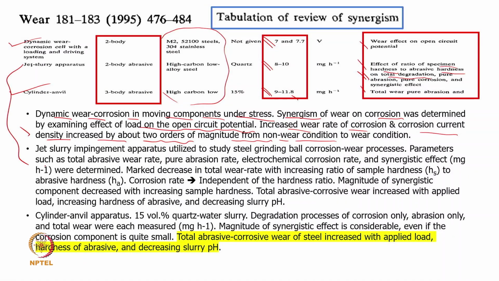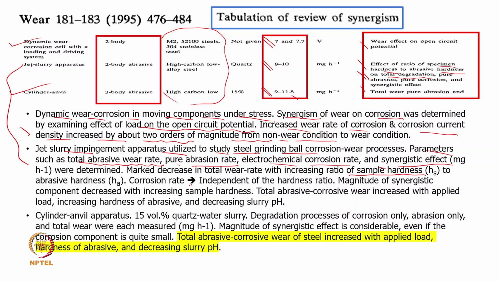Second experiment, jet slurry apparatus. They utilize a steel grinding ball, and they try to use some parameters. Again, this is also abrasive, two body abrasion and three body abrasion, and then they compare the effect and found a synergism. They found very clearly that if sample hardness is on the higher side, total wear rate will be lower.